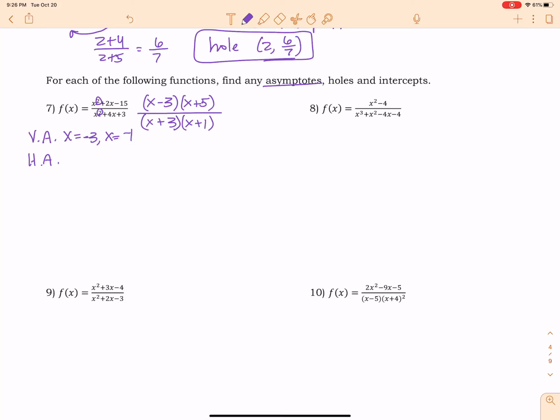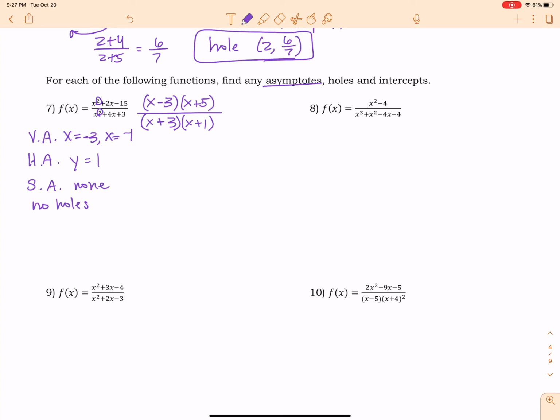That means that my horizontal asymptote is going to be equal to the ratio of the lead coefficients, which is 1/1. All right, since I have a horizontal asymptote, there is not a slant asymptote. There are no holes because we didn't reduce.